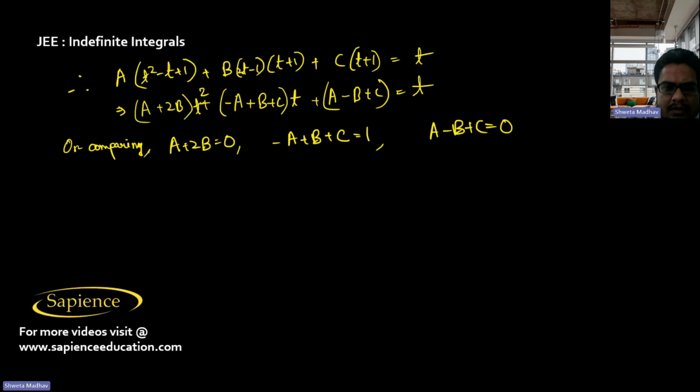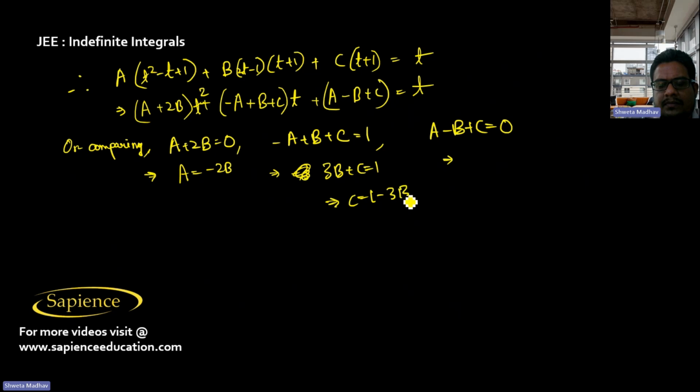Then we have to find the values of a, b and c. So a is equal to minus 2b. Then this is 2b plus b, so it is 3b plus c that is equal to 1. So then c equals 1 minus 3b.